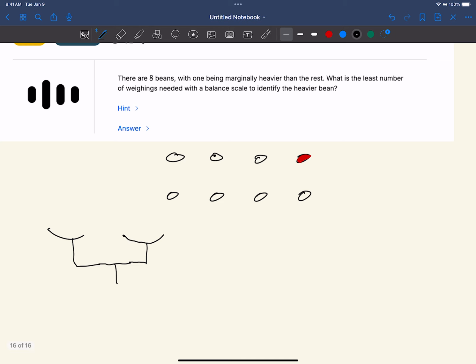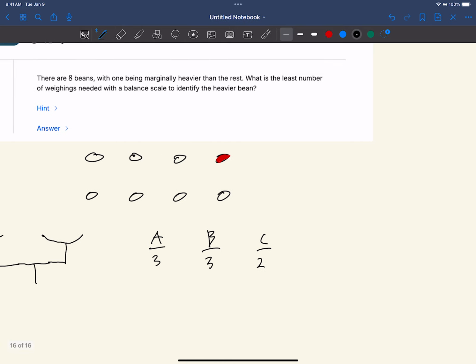Let's say we break up these beans into 3 groups. It's just randomly chosen. Group A has 3 random beans. Group B, another 3 randomly chosen beans. And group C, 2 beans.